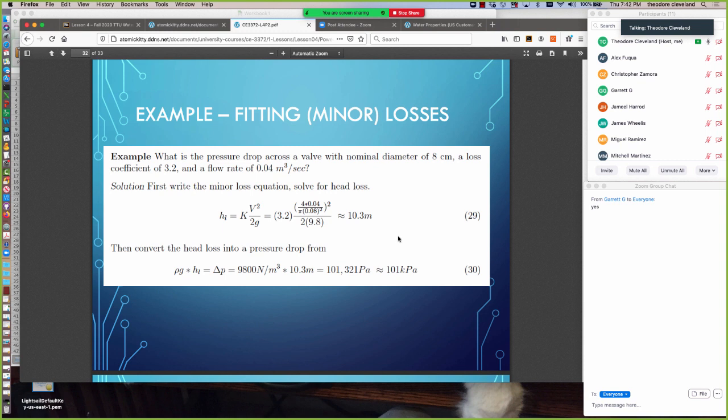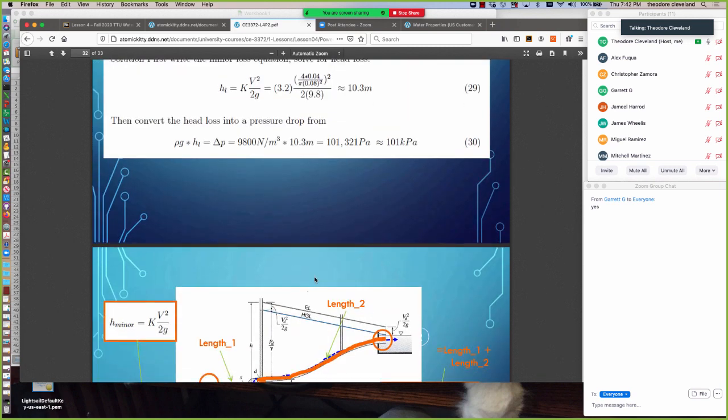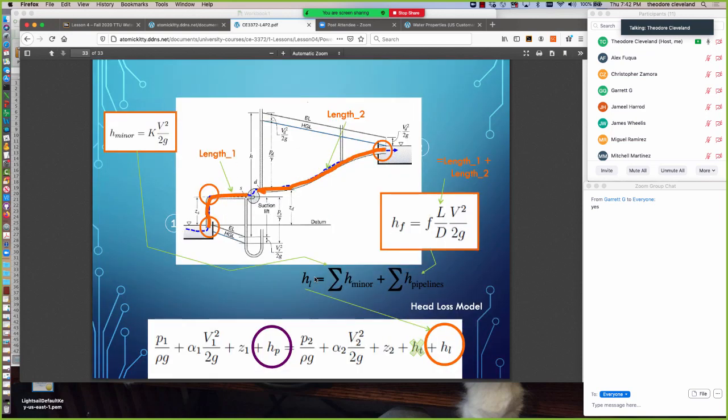And if you recall, 101 kilopascals is pretty much 1 atmosphere. So this particular example, that valve, that flow rate produces almost 1 atmosphere of pressure drop, which is a lot. Well, maybe not. It's a lot if we don't want that kind of pressure drop.